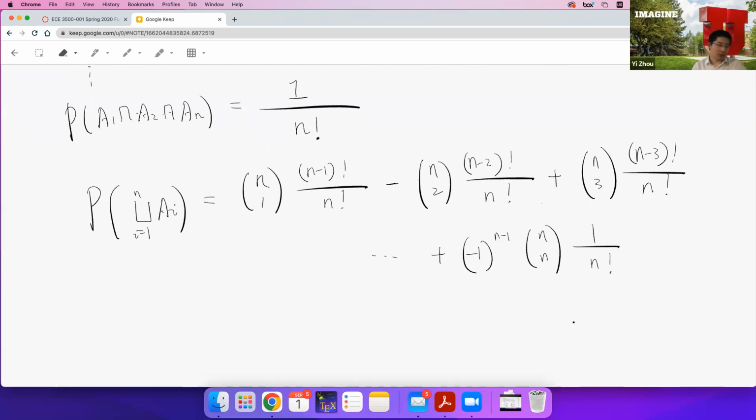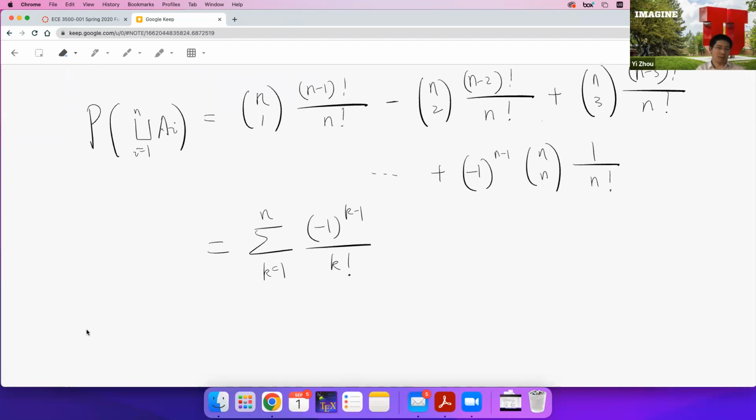You can read the rest of the calculations in the lecture notes, but in the end you get this. This is a summation of finite terms.